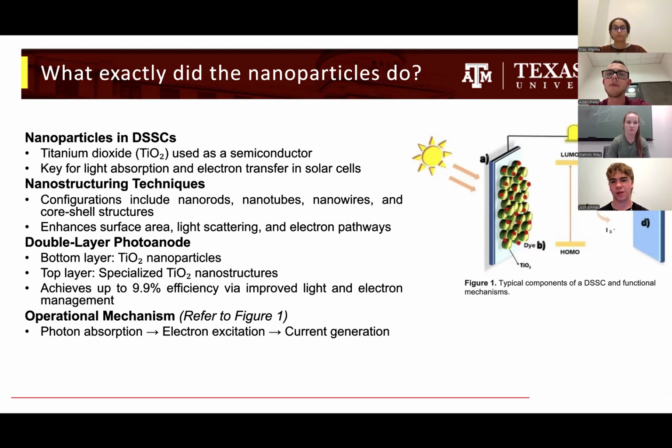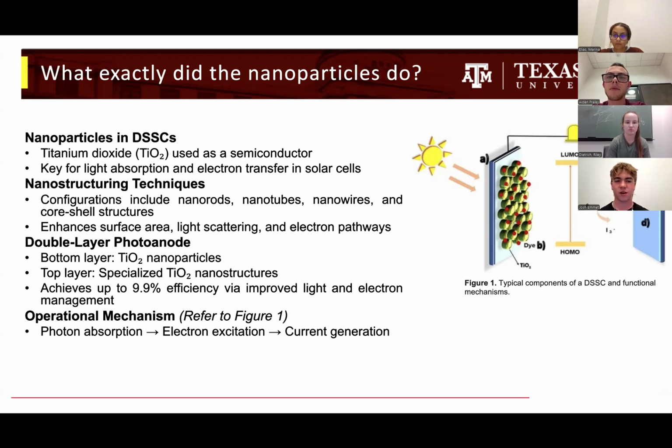So what the nanoparticles do: in DSSCs, titanium dioxide is used as a semiconductor, and it's key for light absorption and electron transfer in the solar cells. Some of the nanostructuring techniques used are configurations including nanorods, nanotubes, nanowires, and core-shell structures. This enhances surface area, light scattering, and electron pathways.